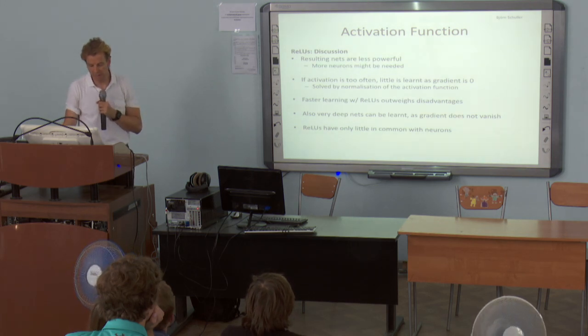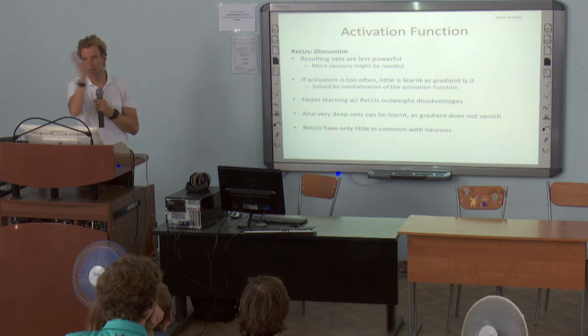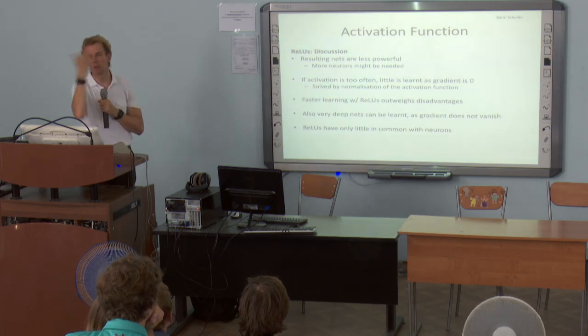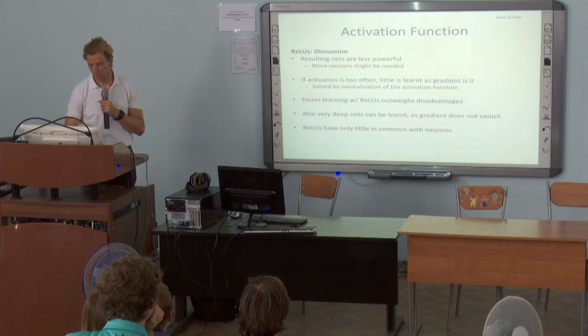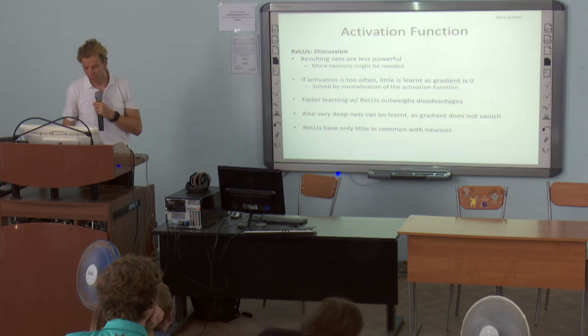So you do some normalization of the activation function to avoid that the values too often become 0. You try to normalize it around 0 and not in its original distribution. But you can do much faster learning and also learn very deep neural networks.